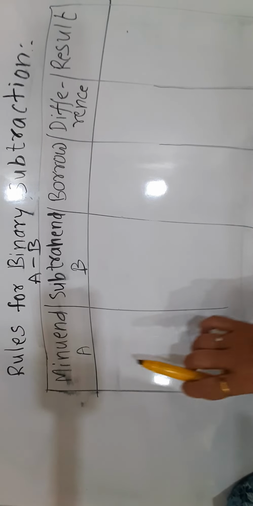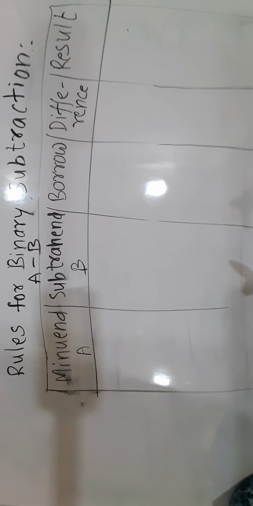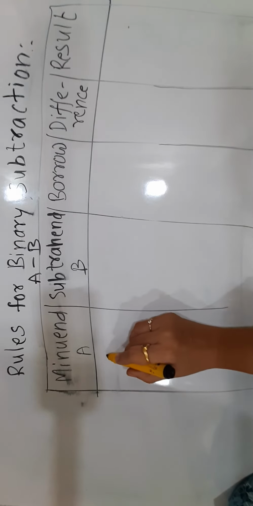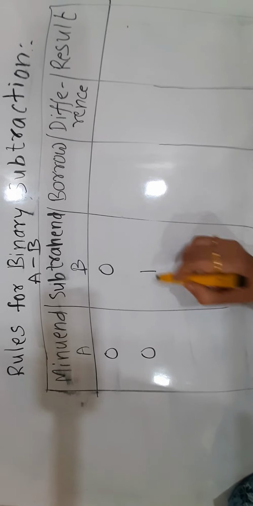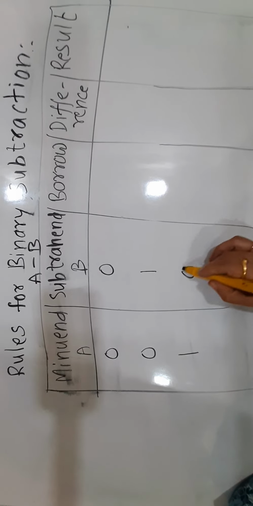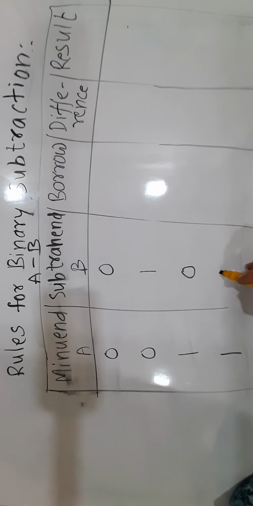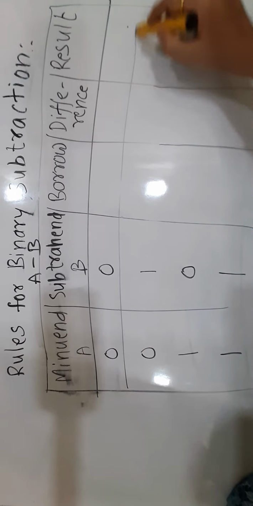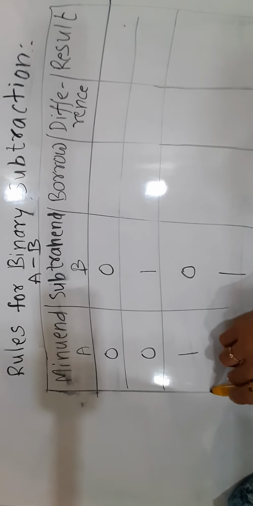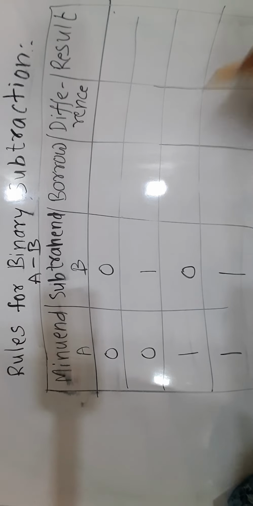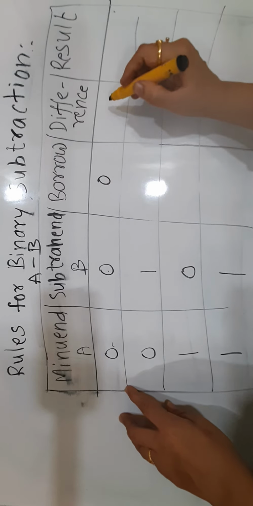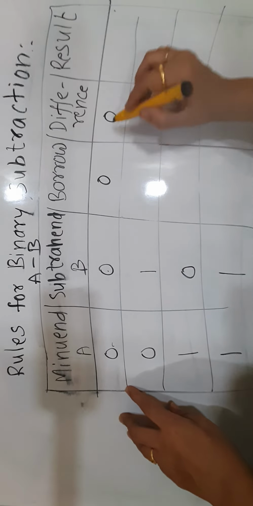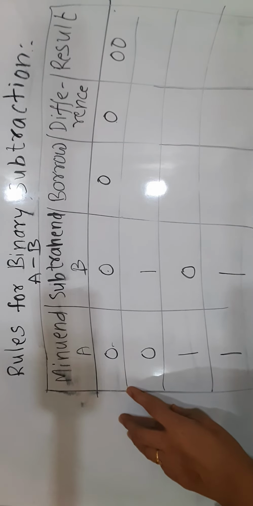Again, as this is binary subtraction, the combinations for binary numbers 0 and 1 are: both can be 0 0, they can be 0 1, they can be 1 0, or both can be 1 1. If both numbers a and b are 0 0, then borrow will be 0, difference will be 0, hence the combined result will be 0 0.